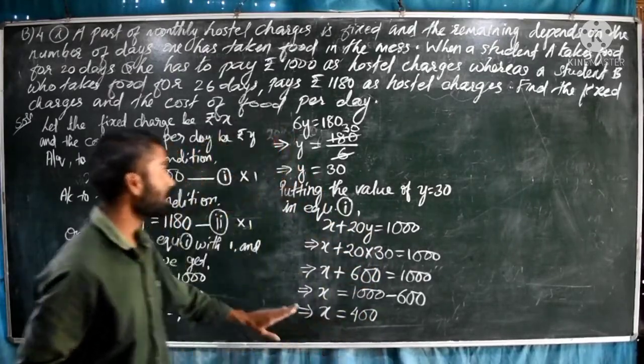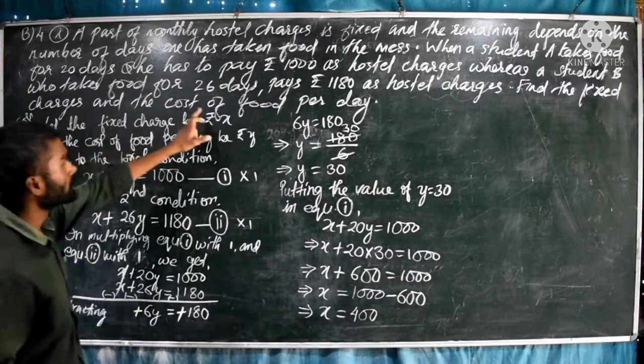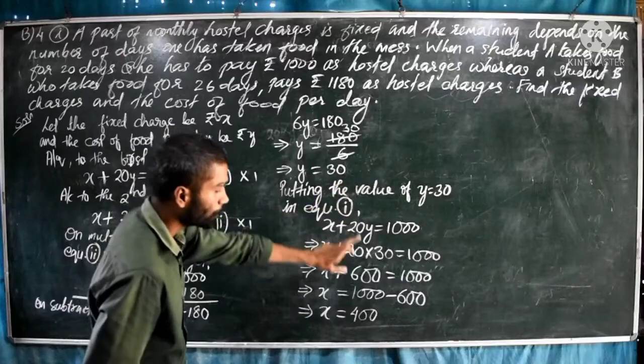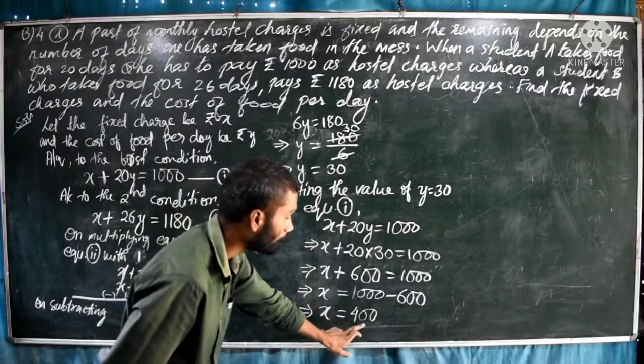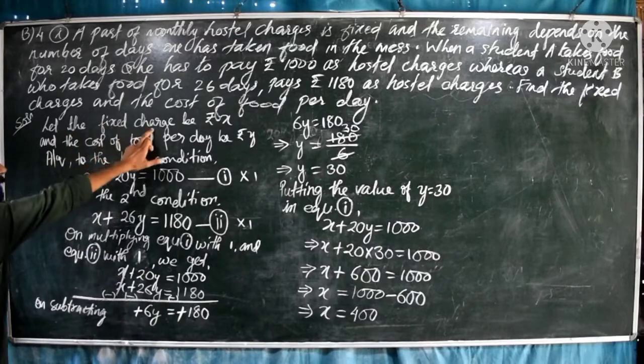Now we can place this here and then we can find our answer, that is, what is the fixed charge. For x the value we got here is 400, and x we took as the fixed charge.